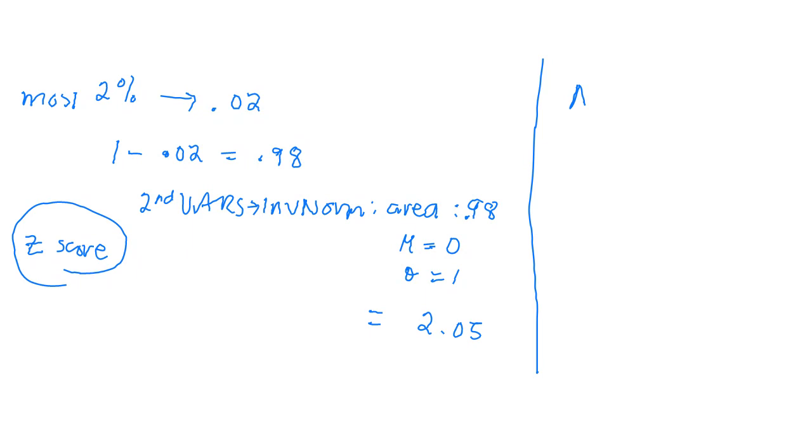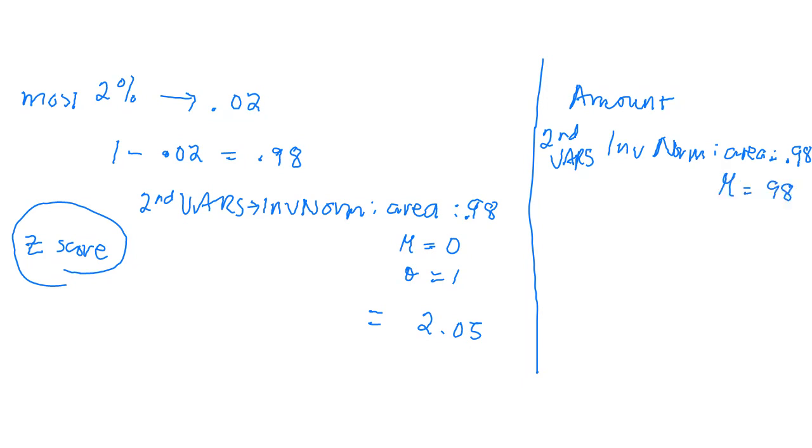Now the actual amount we're looking for. This is the time that you're going to use the given information, the mean 98 and standard deviation 17. So second vars, inverse norm, area 0.98, the mean is 98, that was the given, right?